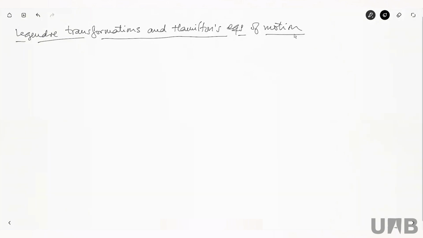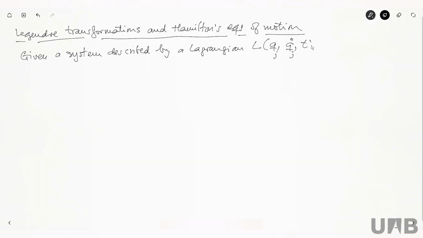Okay, so given a system described by a Lagrangian L, a function of q j, q dot j, and t.